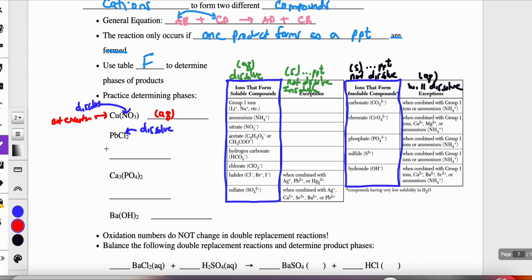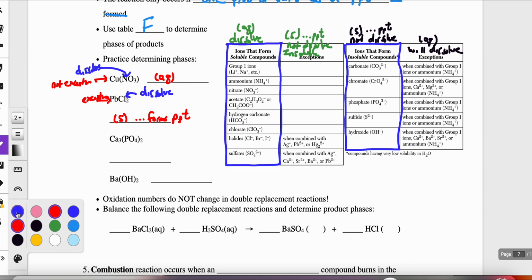So now I have to take a look: is this partner bonded to the Cl one of the listed exceptions? And right there it is. So this makes it an exception. Chlorides typically dissolve, but this partner makes it an exception. So PbCl2, its phase in water is solid because it forms as a precipitate.